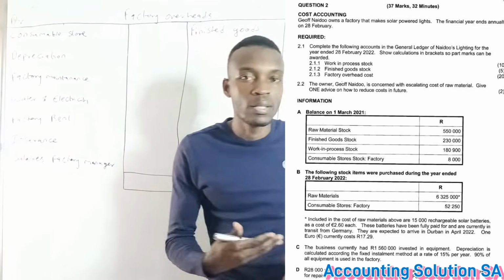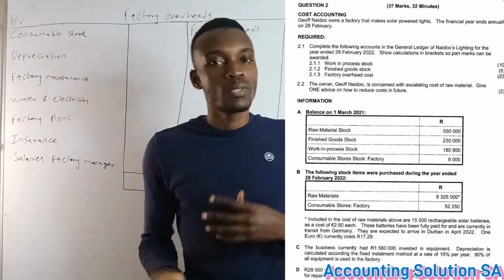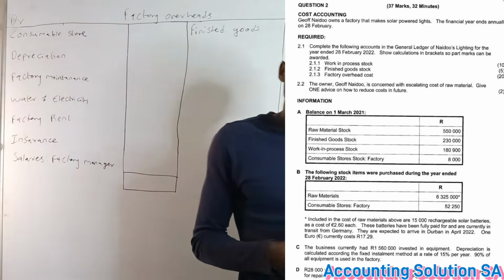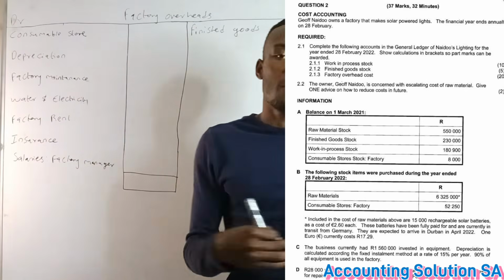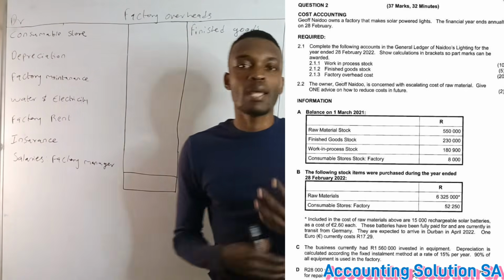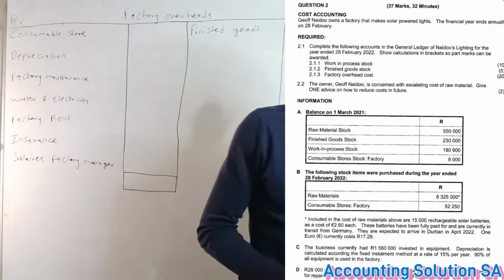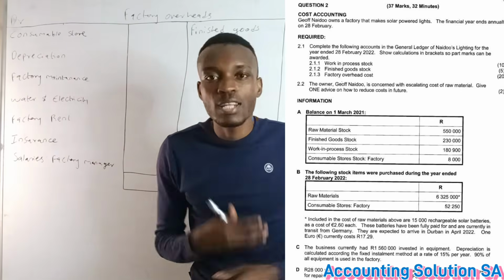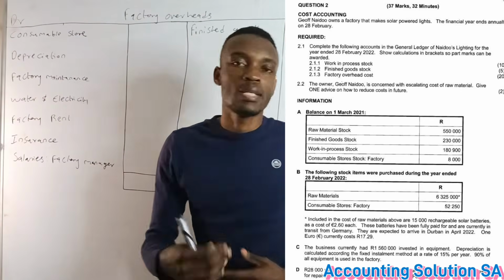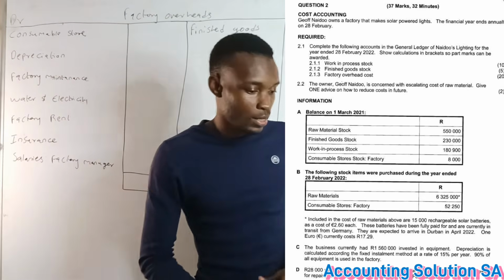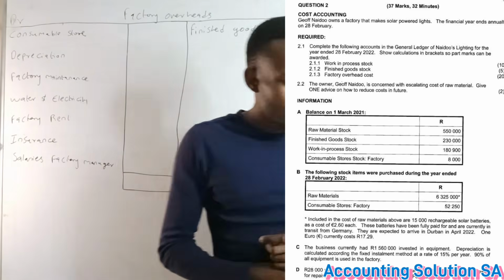Number one, you can suggest that the owner must negotiate the price with the supplier, or the other option, the owner can check other suppliers' prices and choose a better price than the one he is dealing with right now. So you can explain any valid reason, as long as it's reasonable and makes sense, you're going to get those 2 marks. All right, then the information that we have, number A, is the balance on 1 March.